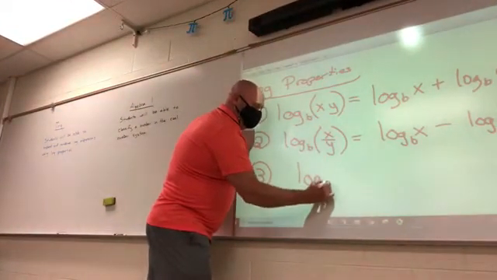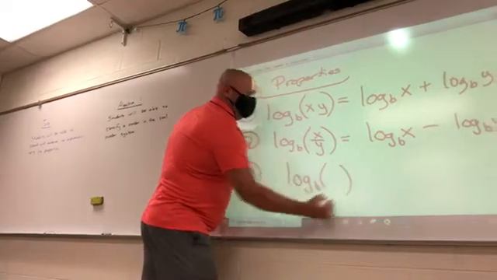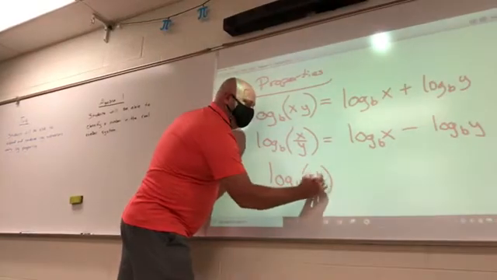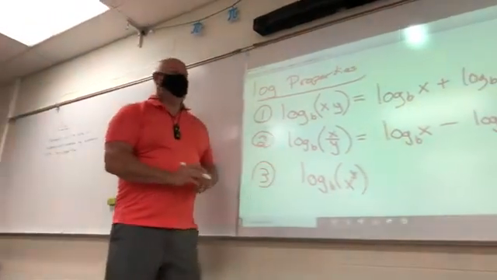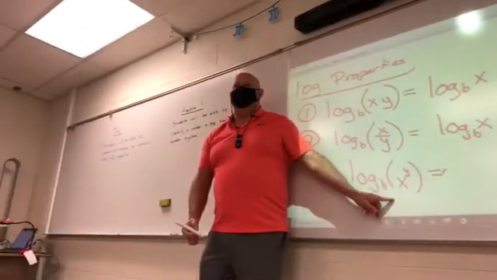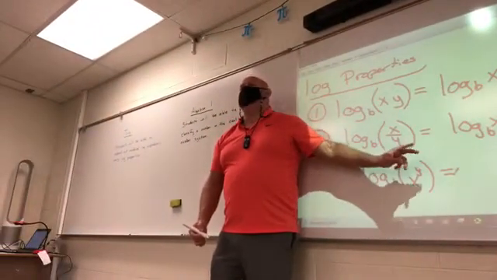If you have a logarithm, and then inside the of, you have a number, and that number is raised to an exponent power, so we have log base b of x to the y.